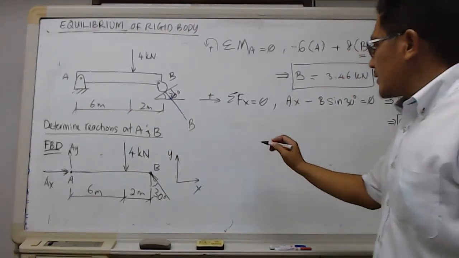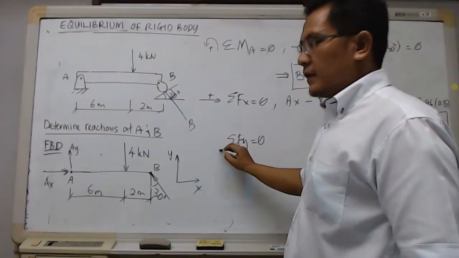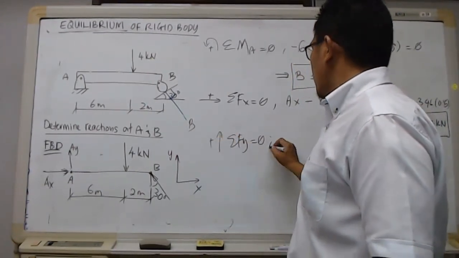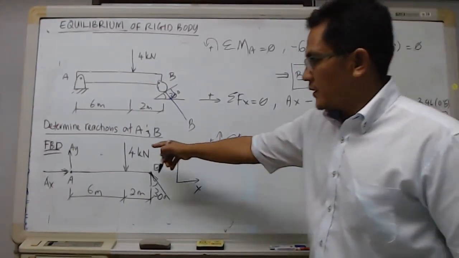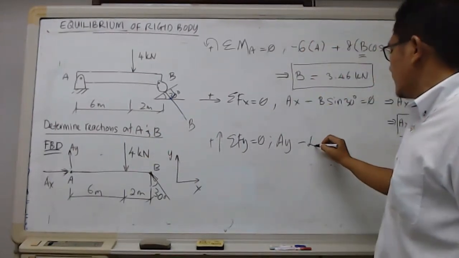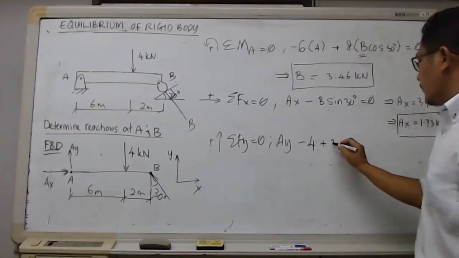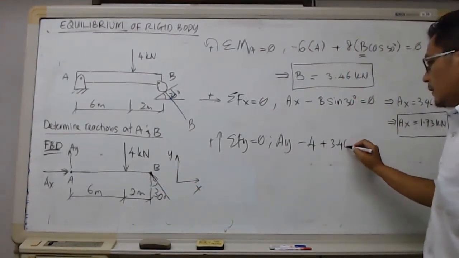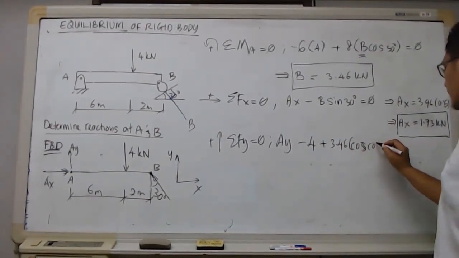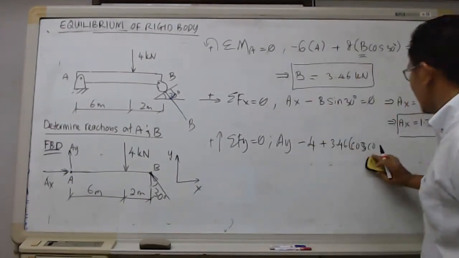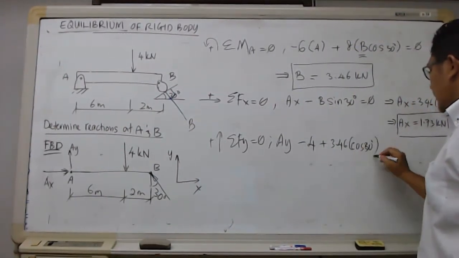Okay. And then summation of force Y is equal to 0. Define the Y positive is upward. Then we know that the AY minus 4 plus, this is upwards, B is 3.46 times cos 30 degree.